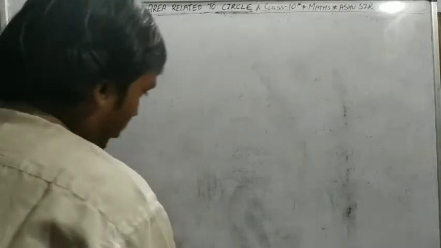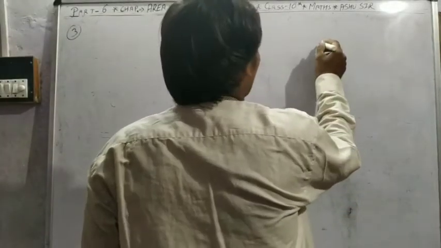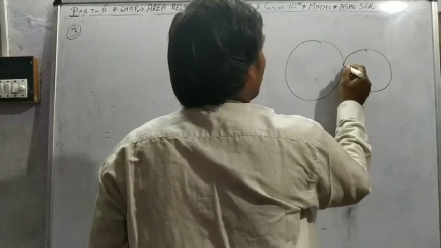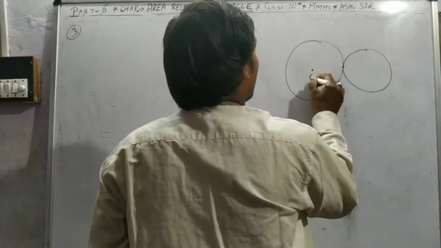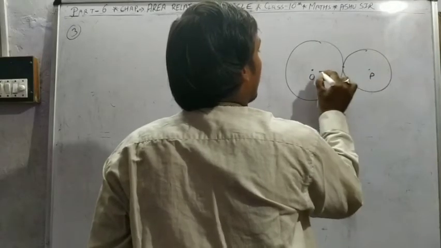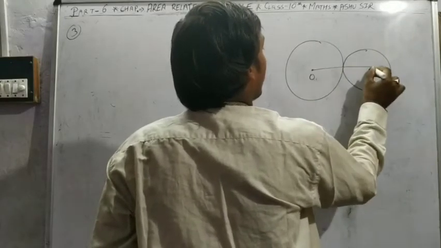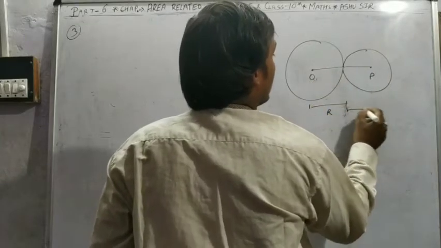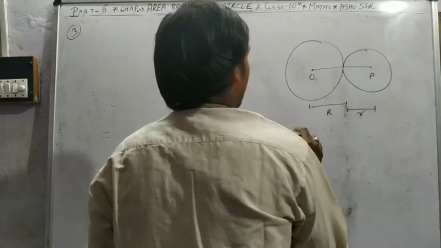It's a value based question and also the question comes in board examination. Two plots are in the same line, a straight line is always formed. Suppose this is radius capital R, this is radius small r.